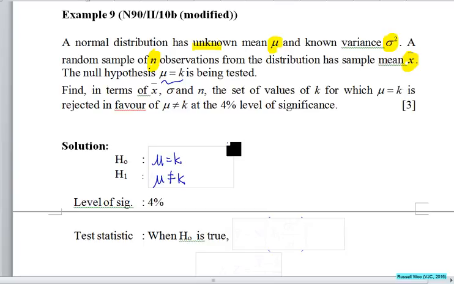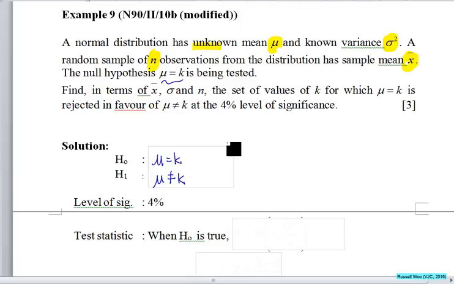Don't know what to do for a hypothesis testing question, just follow the steps. Step 1, step 2, step 3, level of significance. Step 4, when H naught is true, then what?